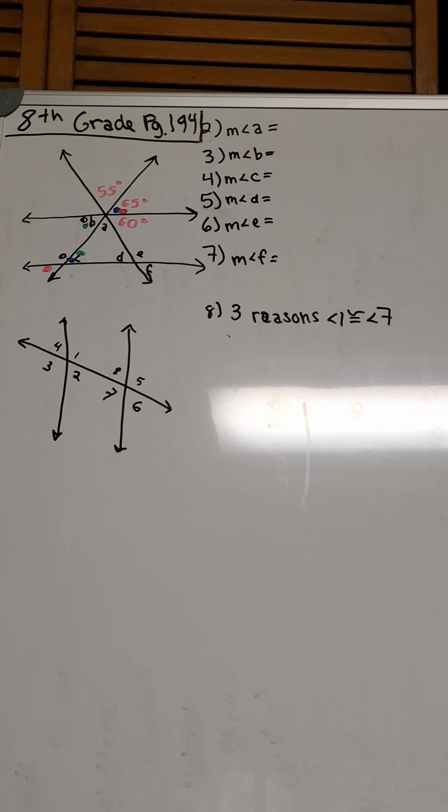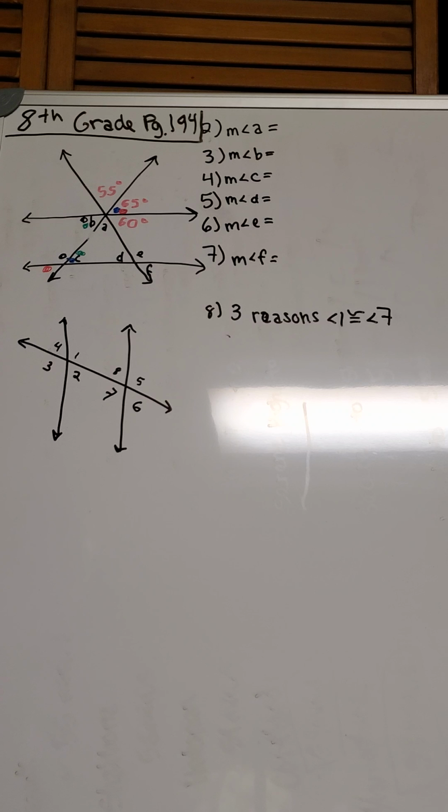All right, now that we've talked about all these relationships, let's go through how you can find the measures of the angles the book is asking you to find on page 194. The measure of angle A. Angle A is right here. If you look directly across from angle A, you see 55 degrees. These are vertical angles.